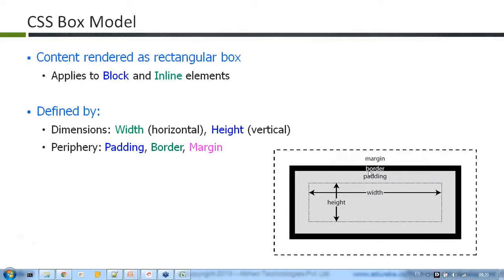After the padding, what you get is the border. You can hide the border if you don't want to have any line. But for example, in the case of tables, by default tables do not have borders. So if you want a specific border with a specific color, then you should explicitly specify the border property on the tables.